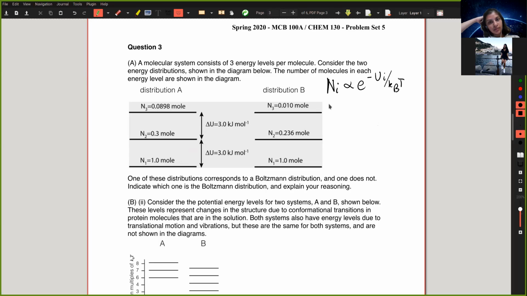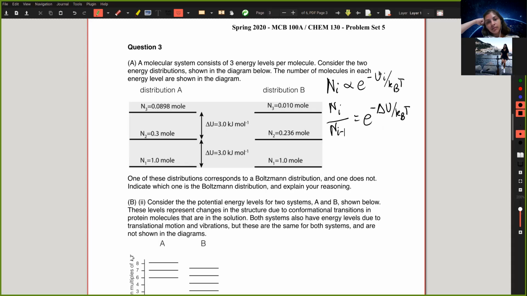In particular, for any two energy levels, the ratio of molecules you can expect to find from one to the other is equal to e to the negative delta u over k_B T, where delta u is the difference between the energies of the two energy levels.